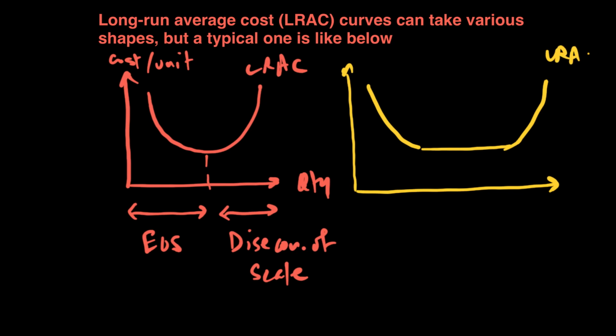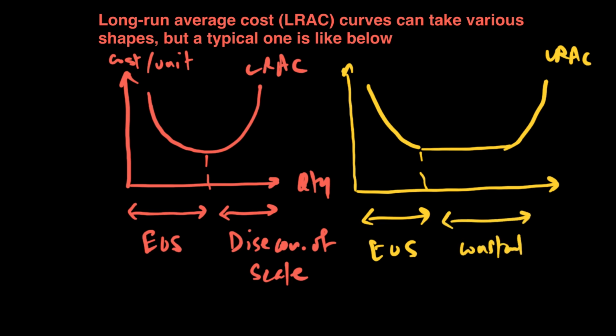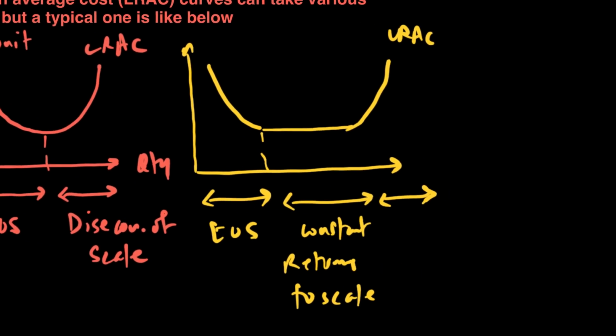That could be another shape that is out there. So this is what you call economies of scale. Then you have constant returns to scale, and then we have what we call diseconomies of scale that takes place.